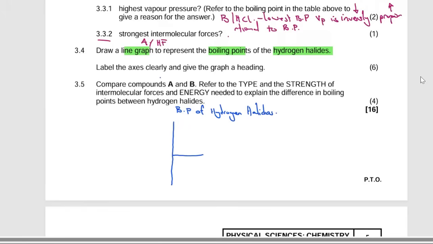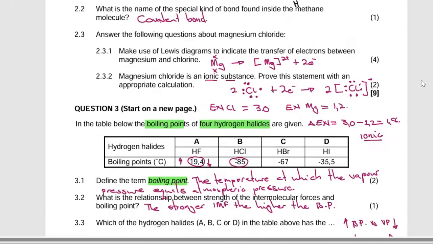So I'm going to formulate an x-axis. Then on this other end, let's have our boiling point to the right, our boiling point. Then from our graph, we're supposed to plot these values.